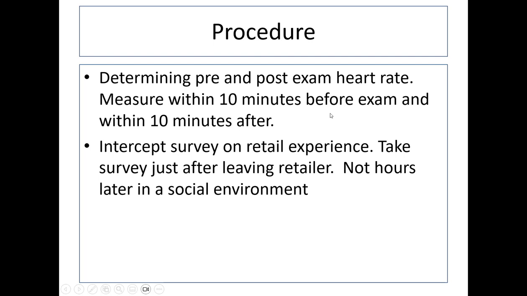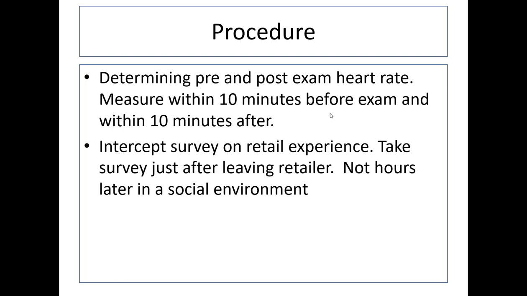Okay, so procedure. I'm going to give you two examples for this. Imagine, and this is the data set we're going to have in a minute, we're testing things like anxiety, and the data set's called fear of statistics, of people taking statistics exams. And we want to measure pre and post exam heart rate. We have to measure within 10 minutes before the exam and 10 minutes after. But imagine we measure an hour after the exam, then our procedure has not been followed and it results in bad quality data.